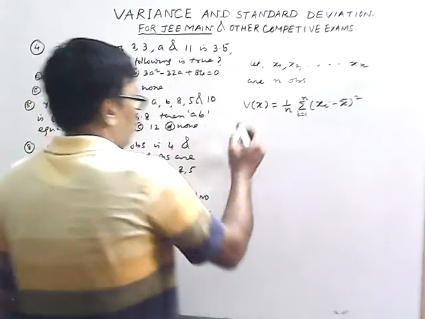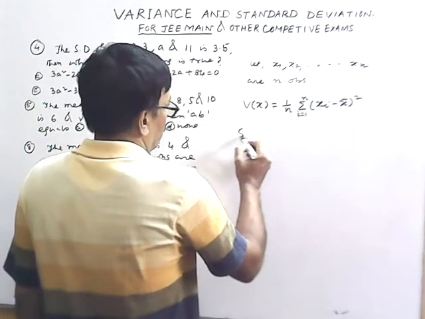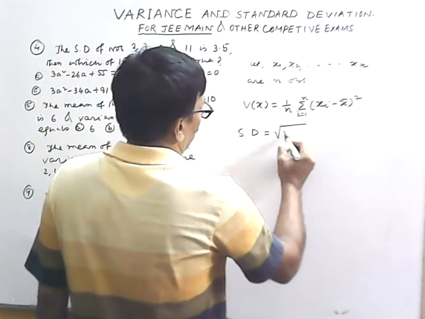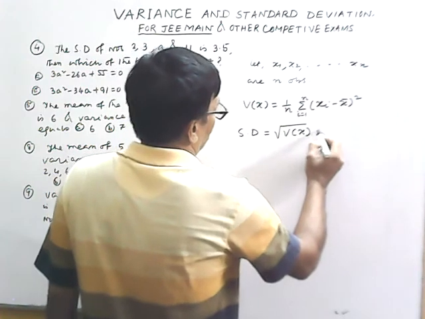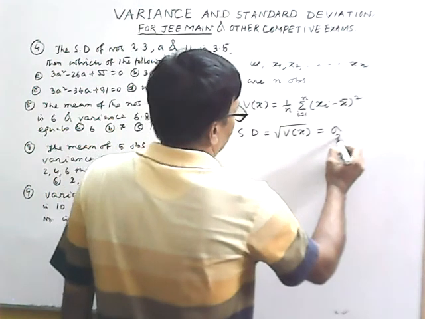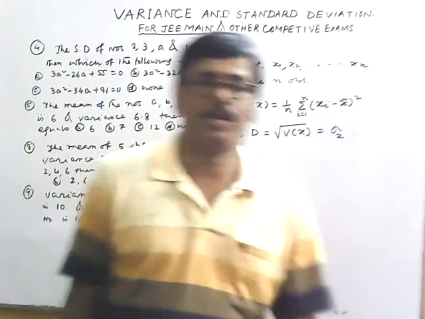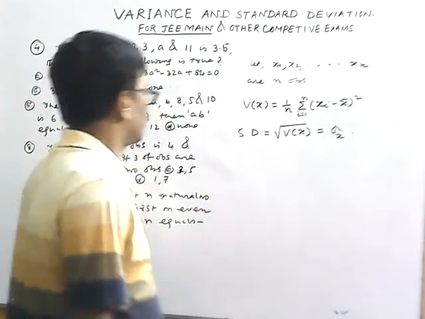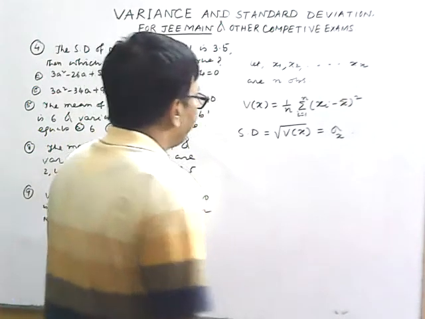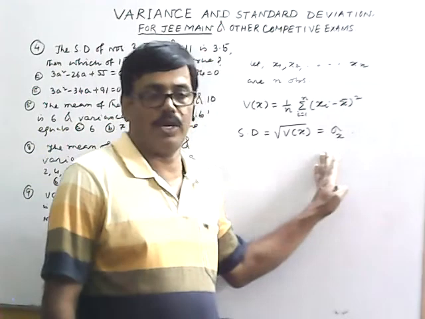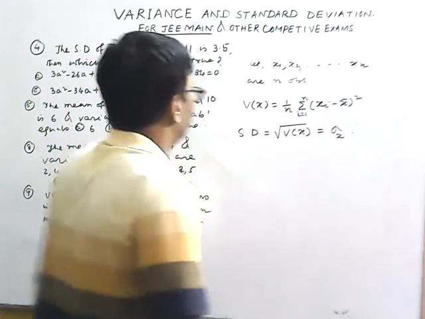Now the positive square root of variance is called standard deviation. It is denoted by sigma x. Now, two important properties.